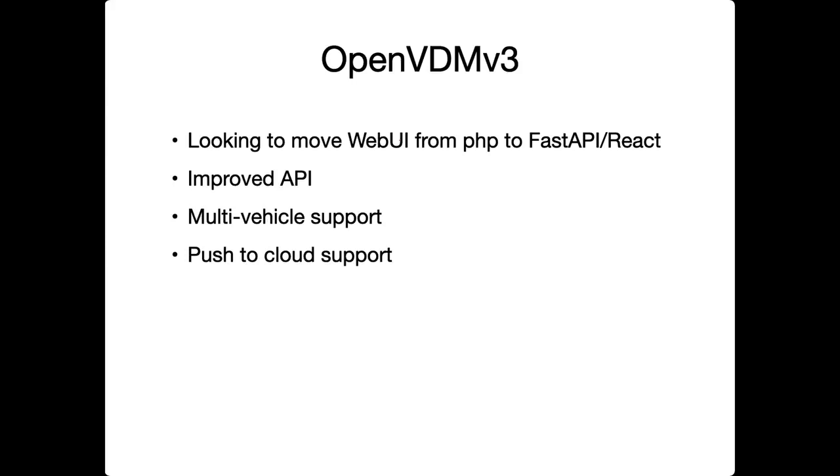The other thing that I'm seeing more and more, and I did hear this mentioned about vehicles, is that currently OpenVDM will support a single vehicle. So if you're a vessel that has a dedicated ROV like Falkor and Nautilus, and some of the other vessels that have dedicated ROV platforms, that works. But I'm seeing more and more multi-vehicle ships.